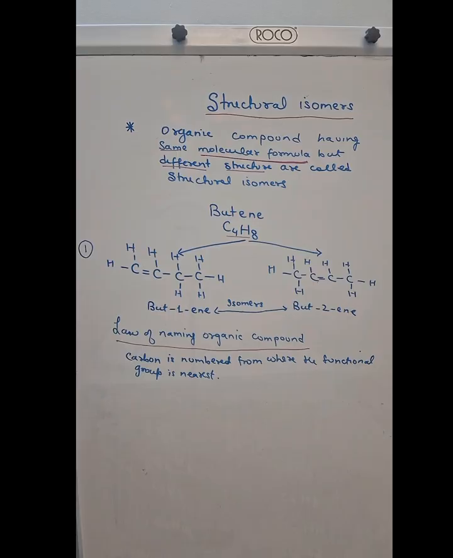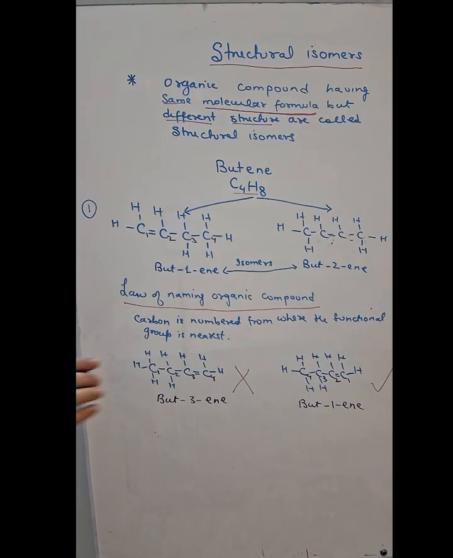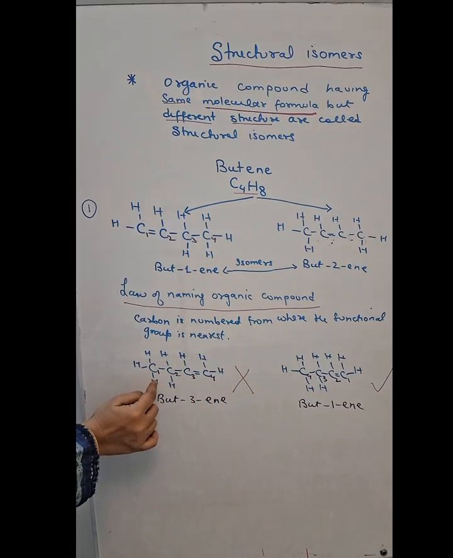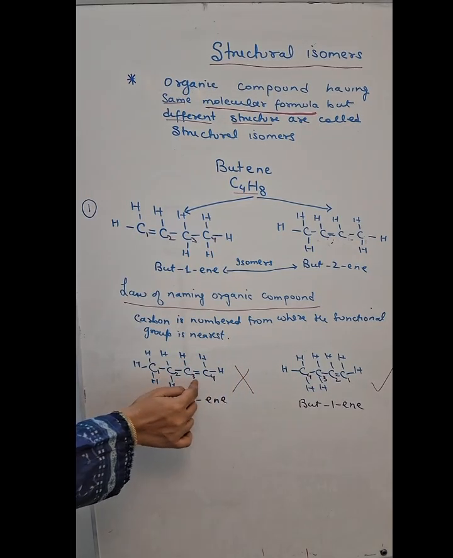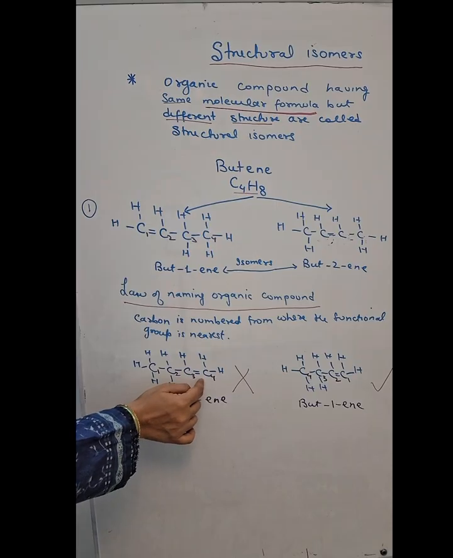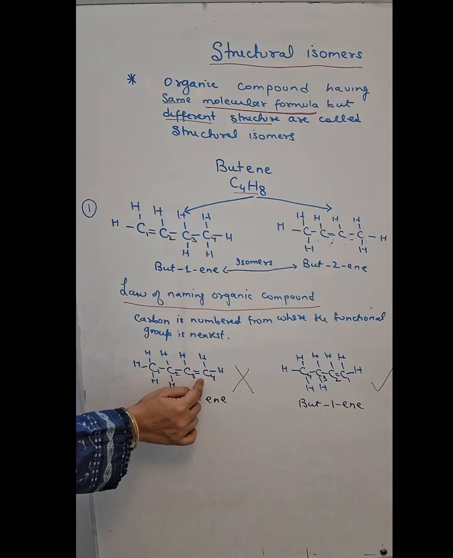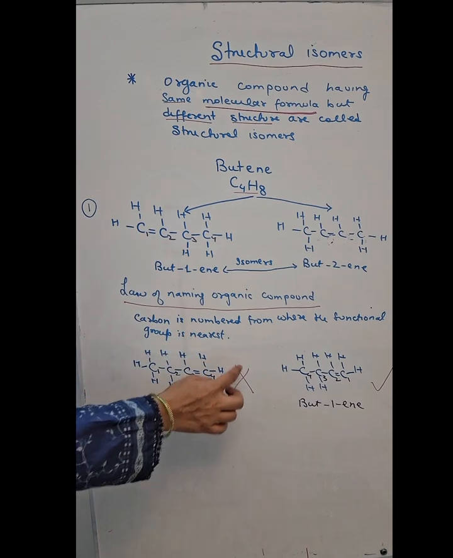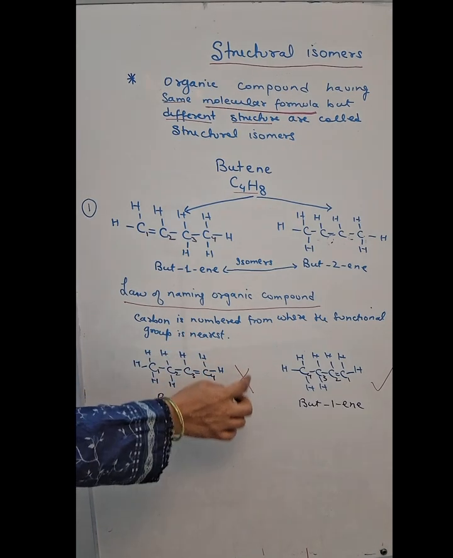According to this law, if you draw this structure showing carbon 1, 2, 3 and 4 and double bond between third and fourth carbon, then according to this structure the name of the compound should be but-3-ene. But this is not correct. Why?